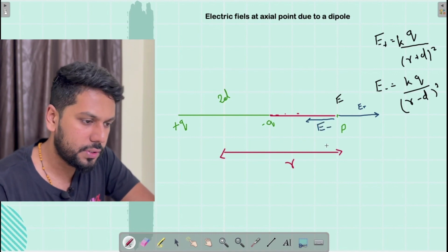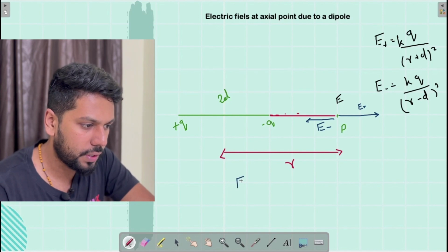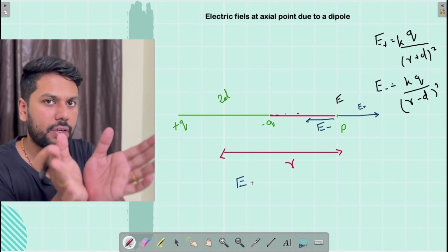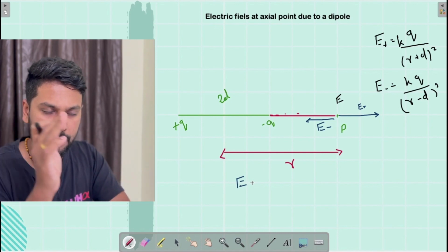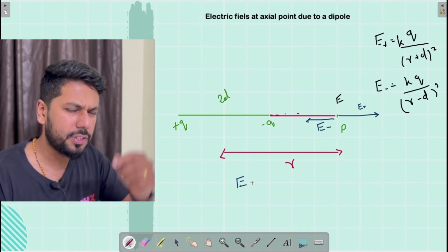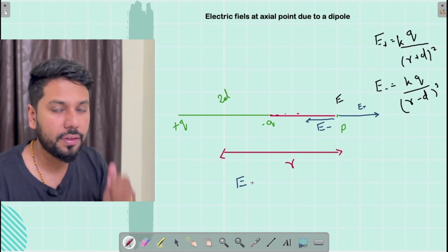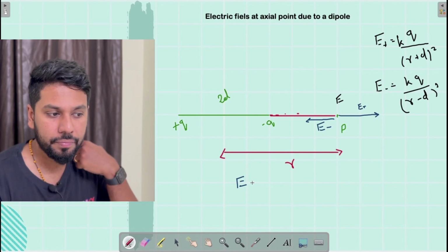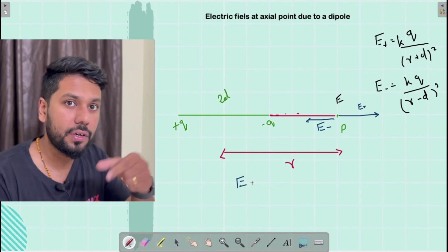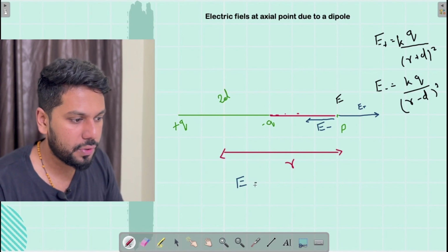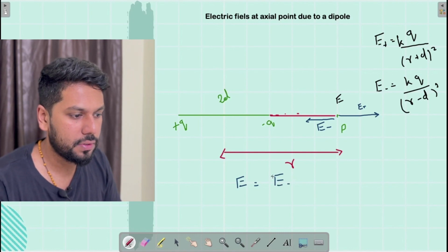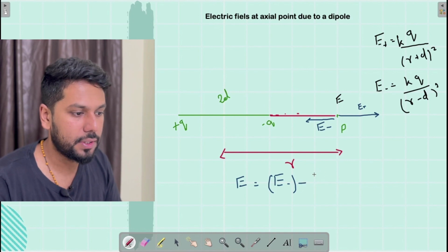Now tell me students, if I want to find the total electric field, should I do E plus minus E minus? Since both the vectors E plus and E minus are in opposite directions, which one is bigger, E plus or E minus? Think. You will know that E minus is bigger because the point P is near to minus q. So your net field is E minus minus E plus.